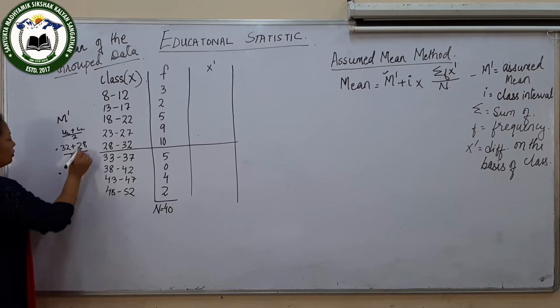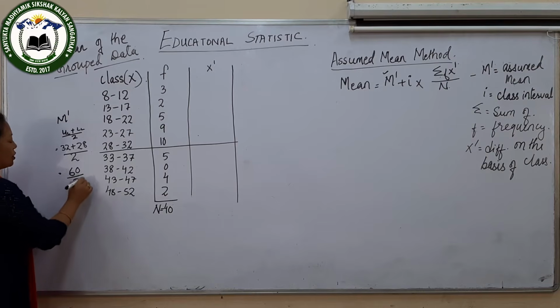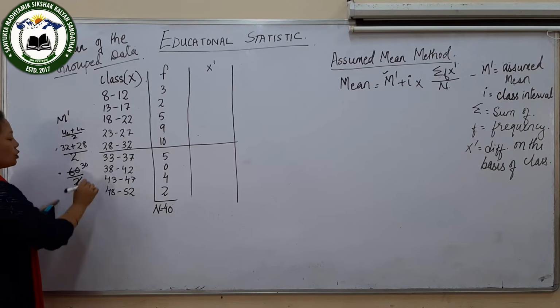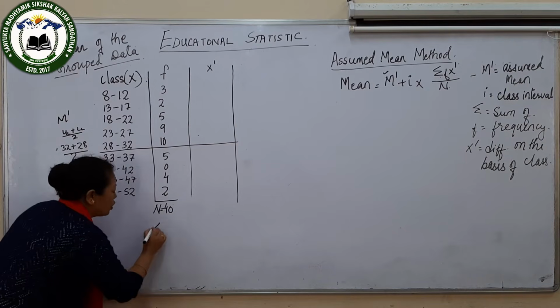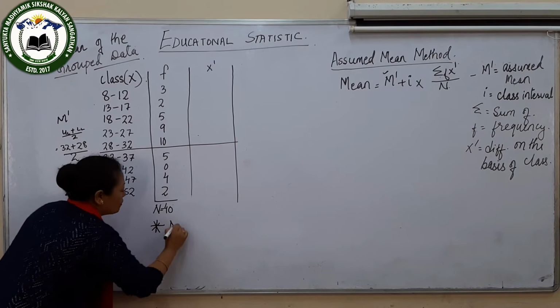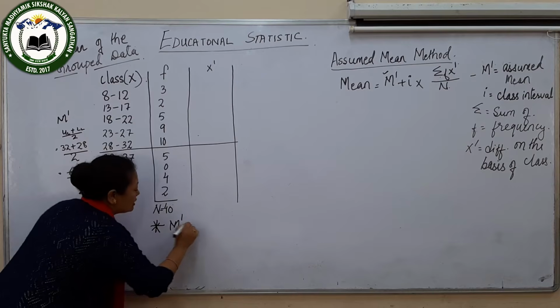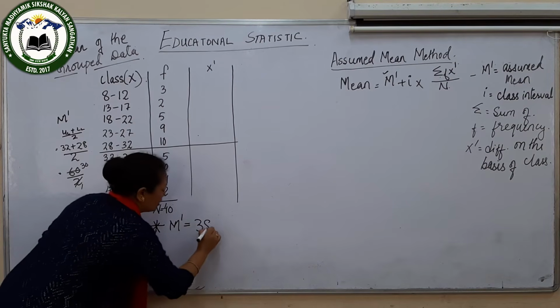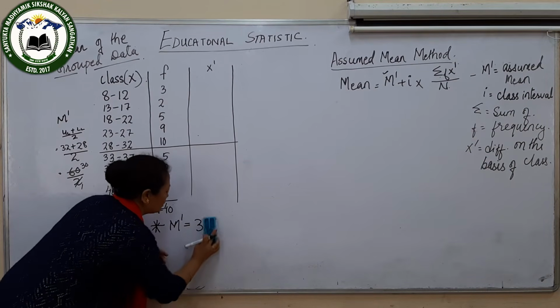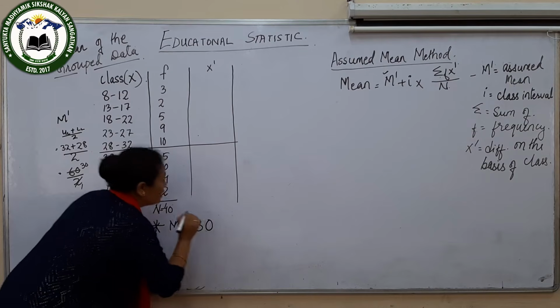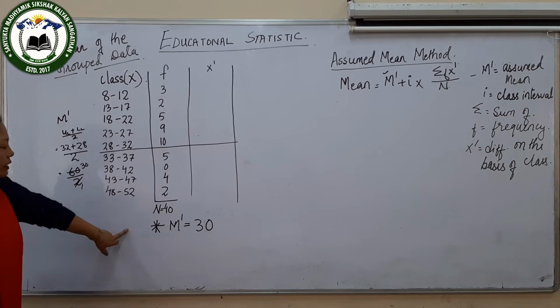So, 0, again 6 divided by 2. So, 2 ones are 2, 2 30s are 60. So, this is important. Write down m dash is your 30. So, m dash is 30.